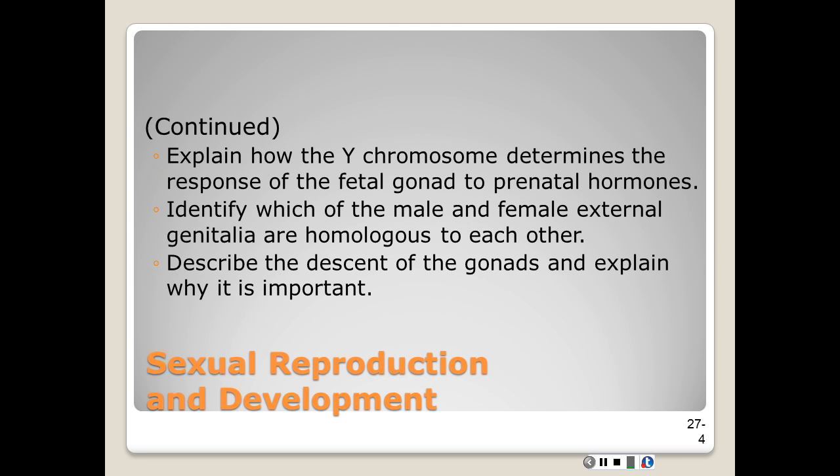I'll explain how the Y chromosome determines the response of the fetal gonad to the prenatal hormones, identify which of the male or female external genitalia are homologous to each other, and of course describe the descent of gonads and explain why it is very important.